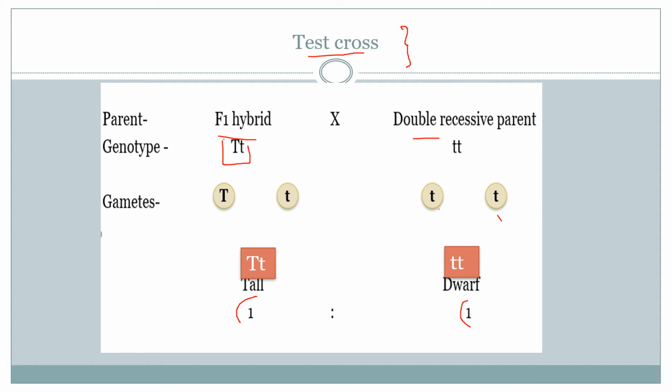So what is the genotype of tall? In order to know this, a test cross is done. And finally, this helps in predicting the genotype of the test organism we have taken. So these are the three significances of test cross.